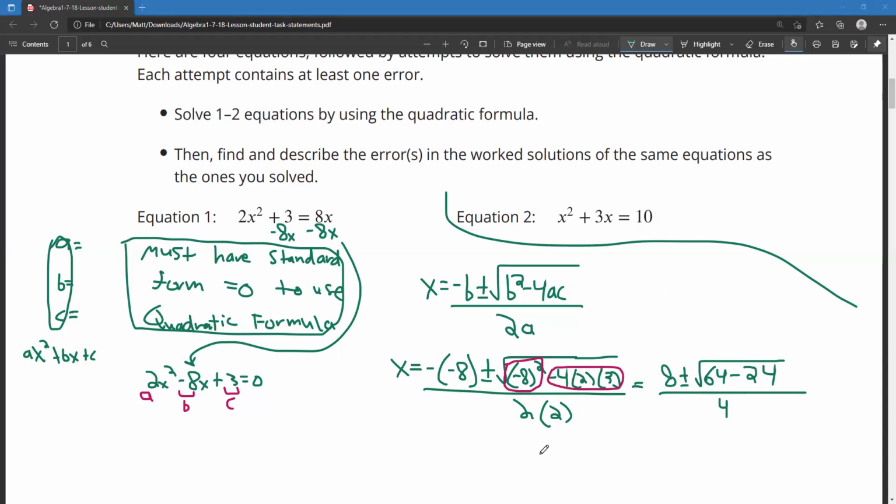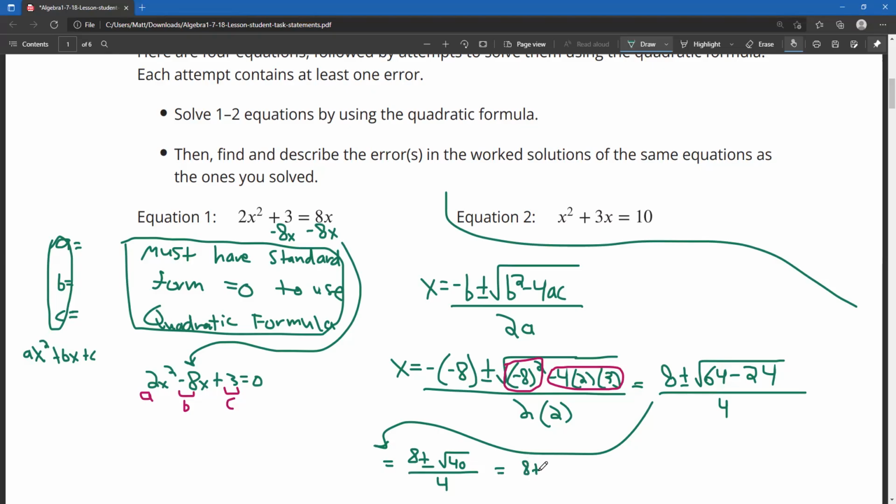Okay, we can simplify under the square root. 8 plus or minus the square root of 40, divided by 4. And then you can simplify the square root of 40. I think we're able to do that at this point.